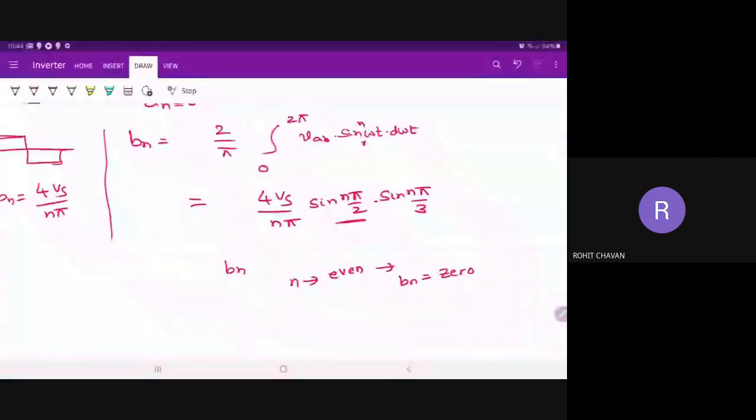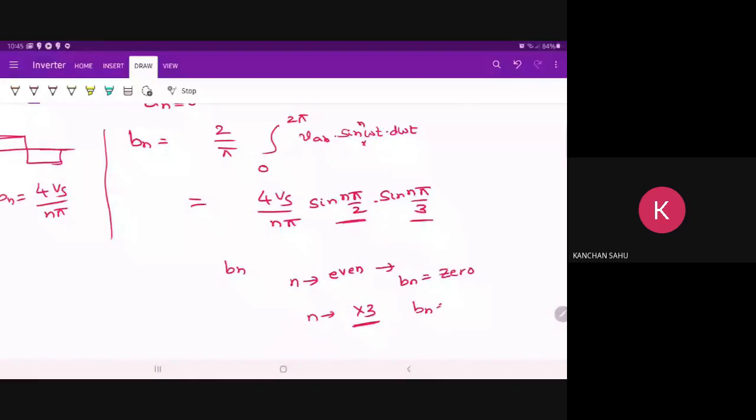If n is a multiple of 3, for example if I substitute n equal to 3, what is this value? It is 0, because of this sine n pi by 3. Similarly, if n is 9, you will get sine 3 pi, whose value is 0.